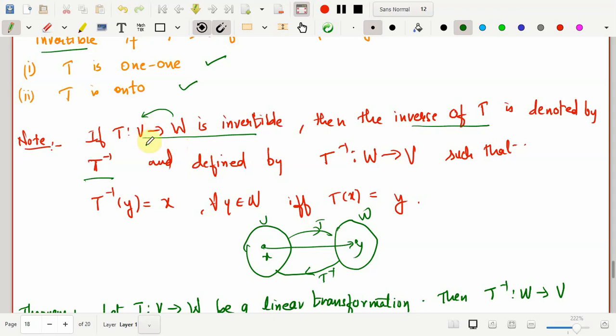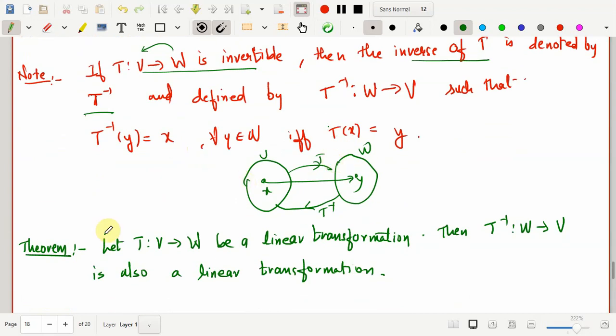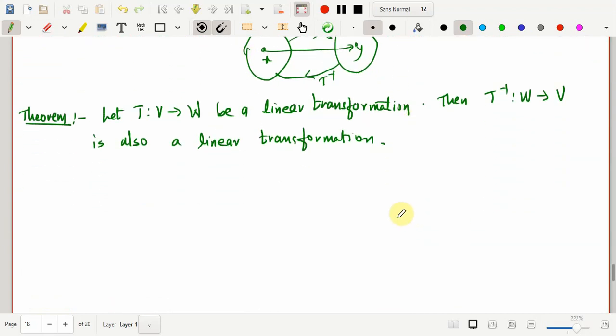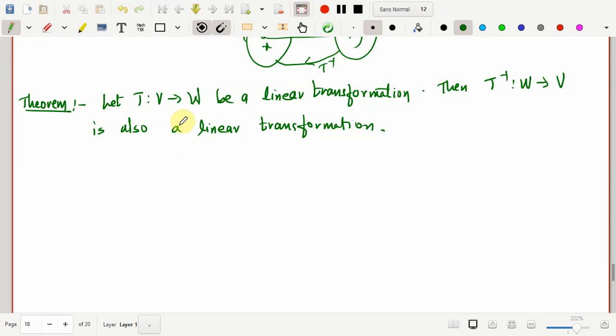The answer to this question is given via this theorem. It is stated as a theorem: if T from V to W is an invertible linear transformation, then T inverse from W to V is also a linear transformation.